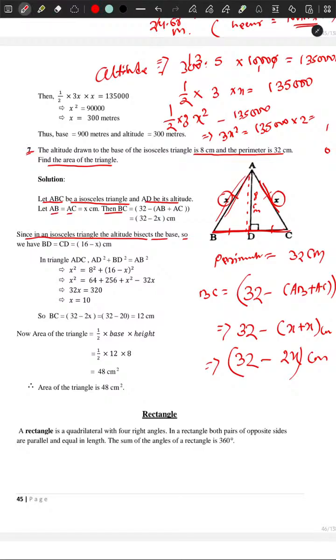I can figure out the length as follows. We have BD and CD equal to 16 minus x cm.